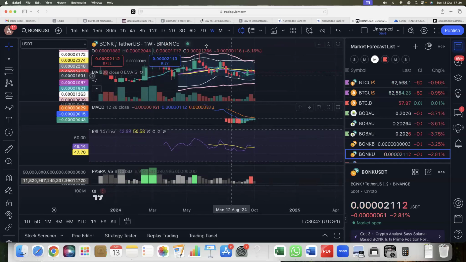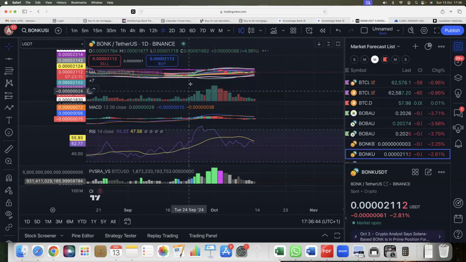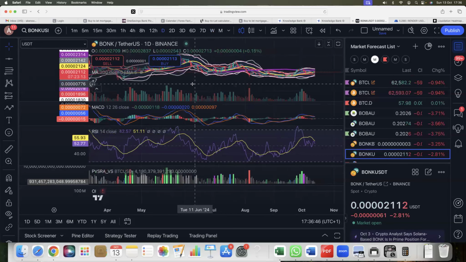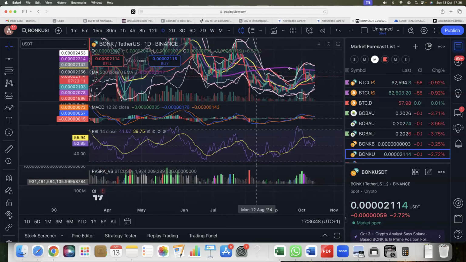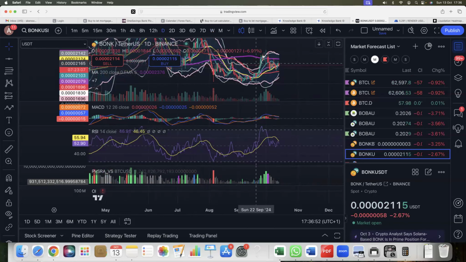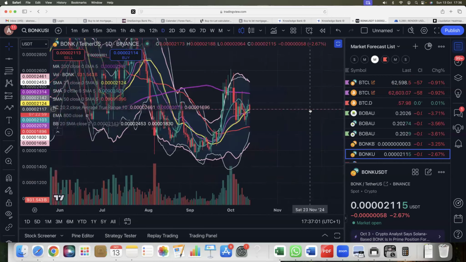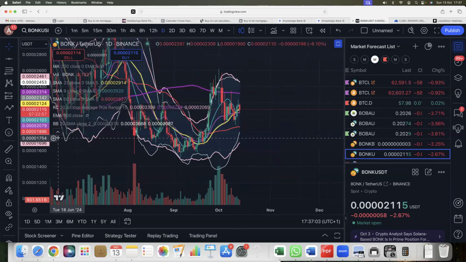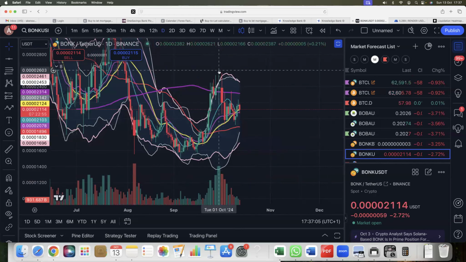We don't have the MACD to help us count, but if we go to the daily chart, we might be able to see it better. The coins are all full of Bitcoin, right? You can see it tries to break above the 200. Bitcoin tries to break above the 200, comes back. This is just like a replica of Bitcoin. It goes up, comes back in, tries one, tries two, three.